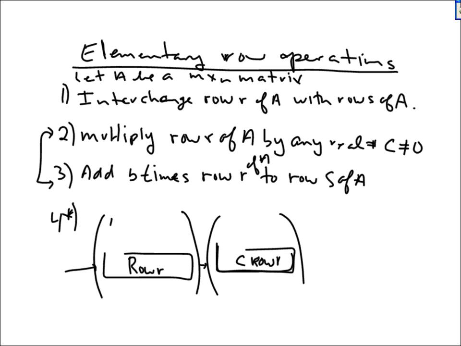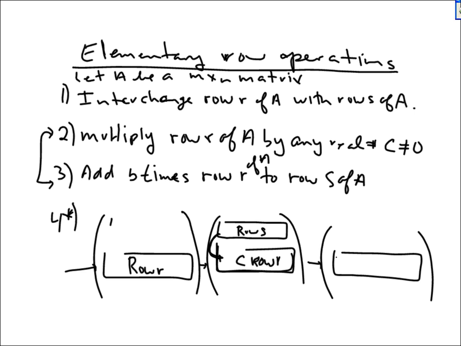Now, you can take row S, and you can add b times row S to that matrix. So now, row R is going to be b times row S plus C times row R. Now, to go from here to here, we performed 2 elementary row operations.